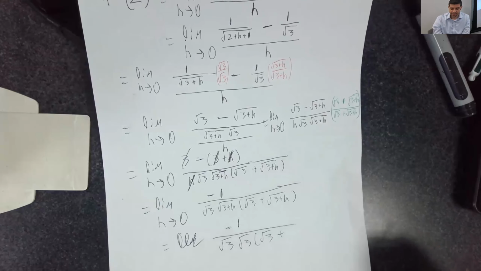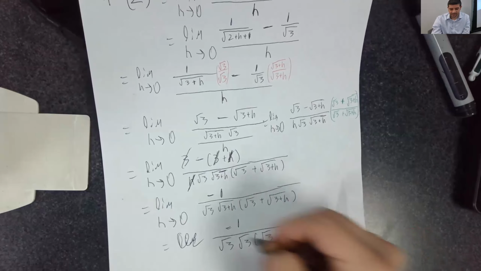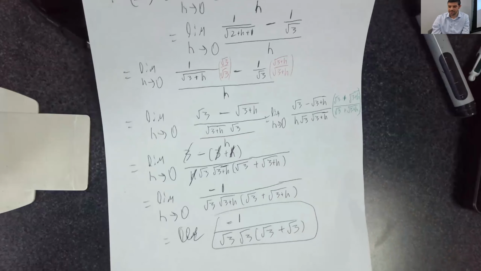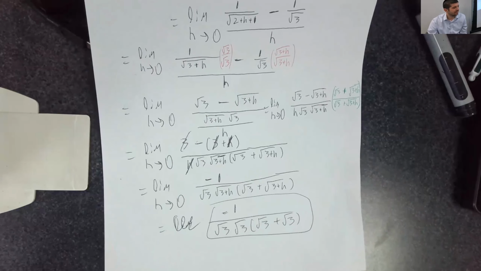Okay. That simplifies to -1 over 6 radical 3, right? Yeah, it does simplify. Let's see, 2 times 3... yeah, 6 radical 3.